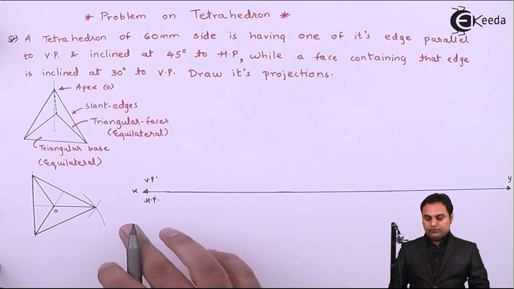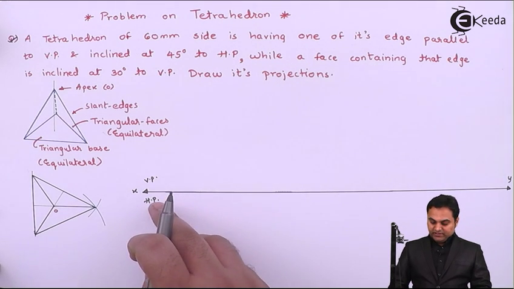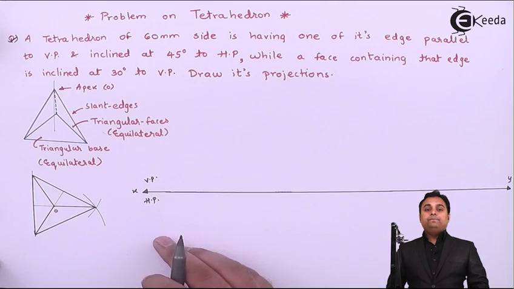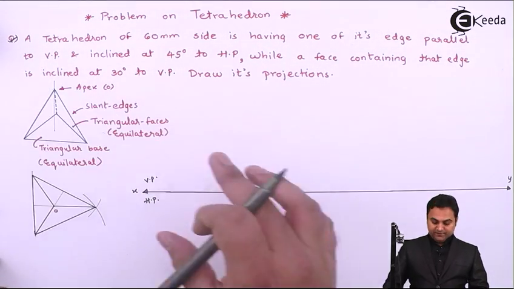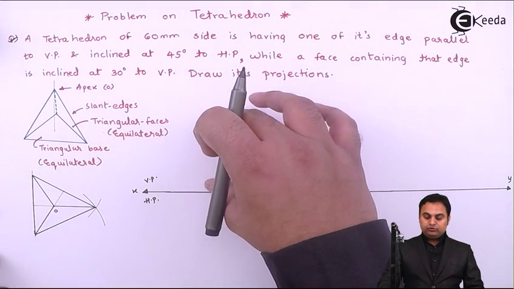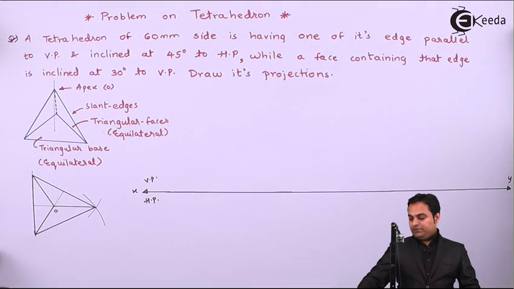So here we have XY line, HP and VP. Now since it is resting in VP, having one of its edge parallel to VP, so I'll use this initial condition and draw the tetrahedron here. It means the complete tetrahedron is in VP.